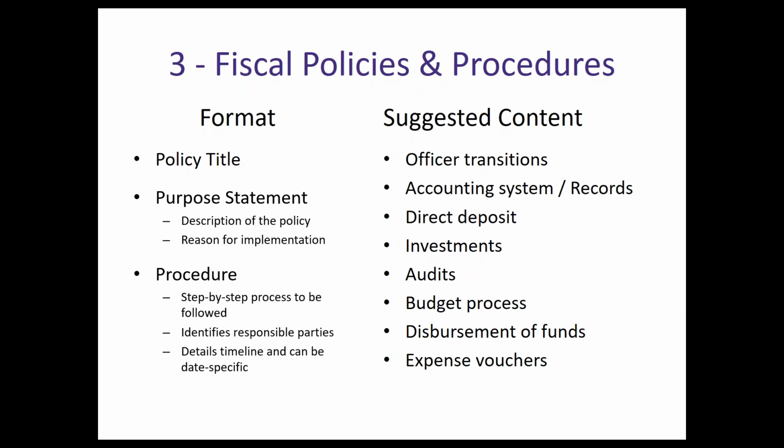If your chapter has checks from headquarters direct deposited, then write a policy that details the process for updating direct deposit information at STTI whenever you have an account change. So if you have a new treasurer who comes in and for whatever reason they have to set up a new account, then they need to update headquarters so that that direct deposit can continue.